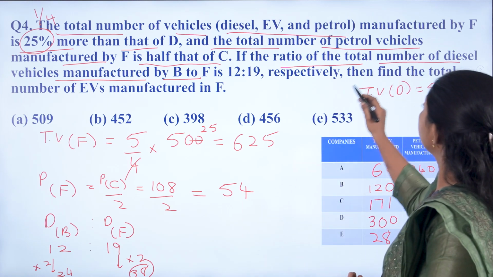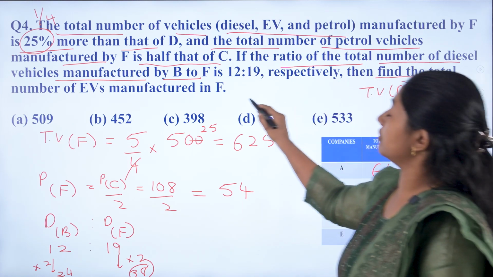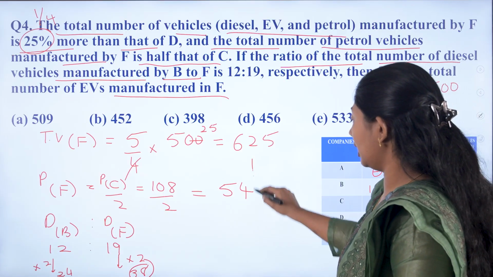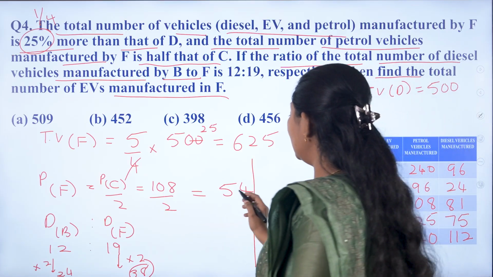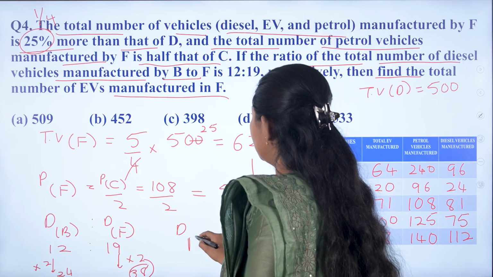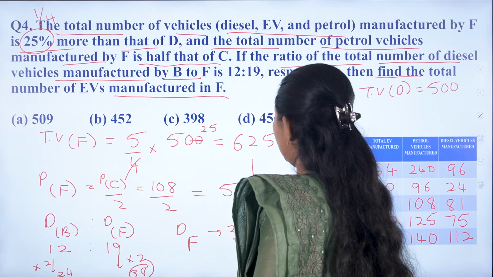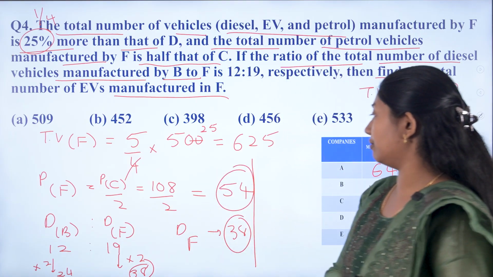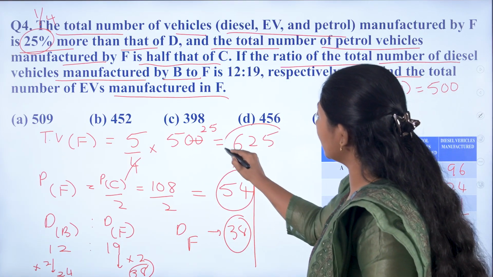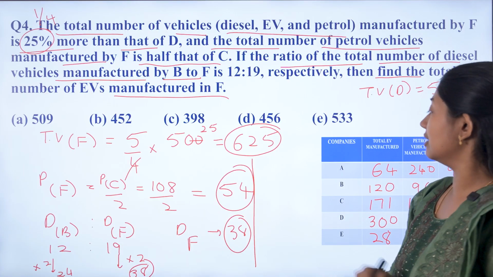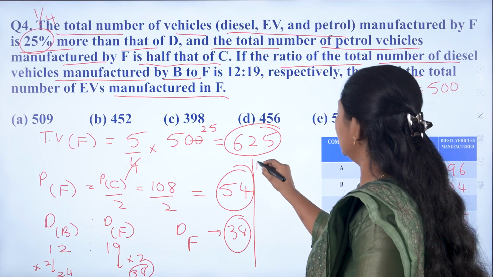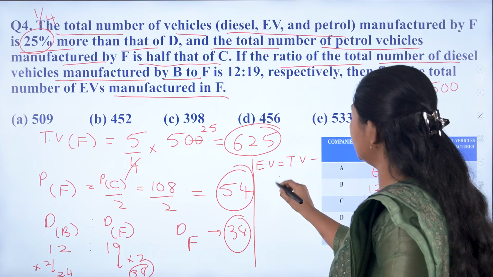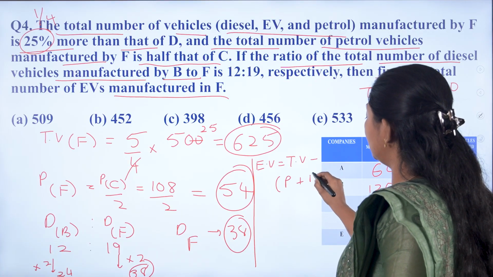Now, what are they saying? Then find the total number of EVs manufactured in F. So, what all have we got? We know diesel vehicles manufactured by F is 38. We got petrol vehicles manufactured by F, and total vehicles manufactured by F. So, what is EV? EV vehicles manufactured is nothing but total vehicles minus petrol plus diesel.